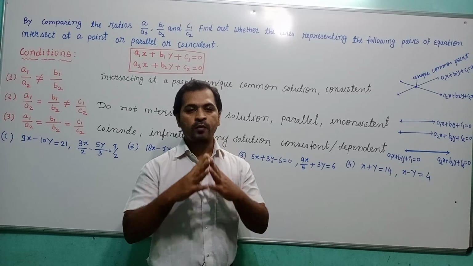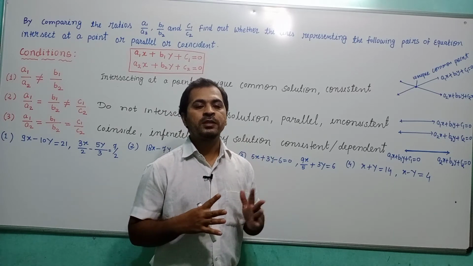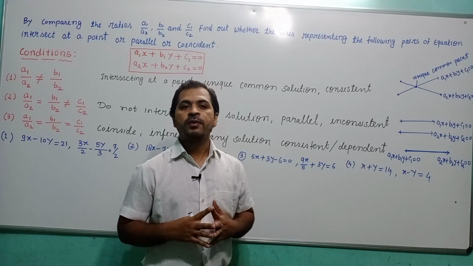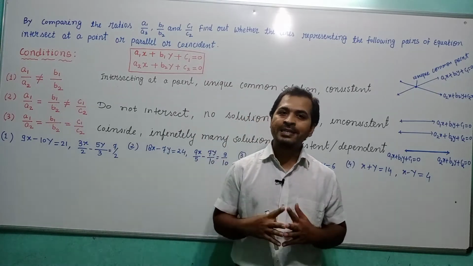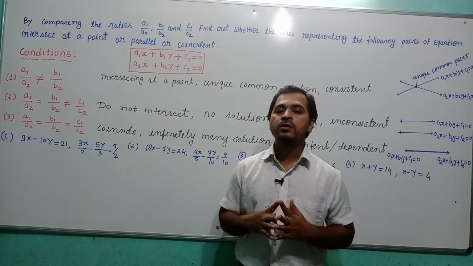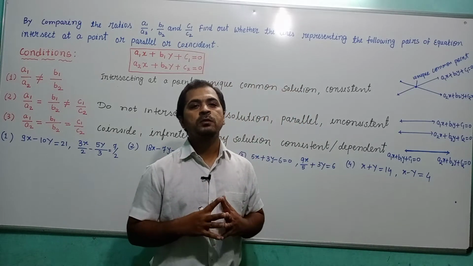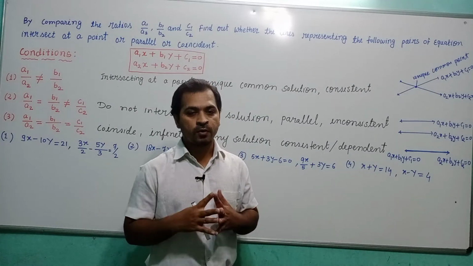What you have to do here is check whether the given pair of linear equations is in its general form or not. If it is not in the general form, convert it to the general form.